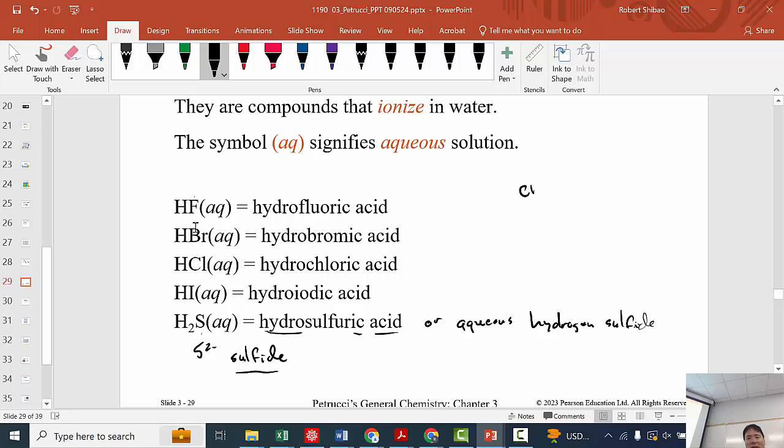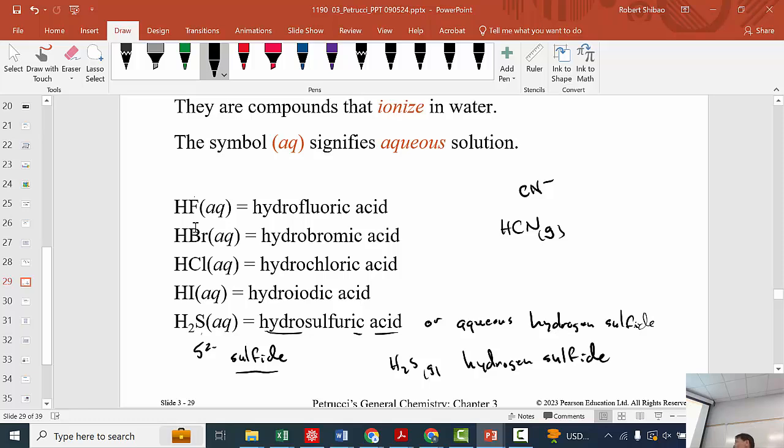What anion is this? And what is this called? Now, we have two names. If H2S is a gas, we don't call it hydrosulfuric acid; we call it hydrogen sulfide.